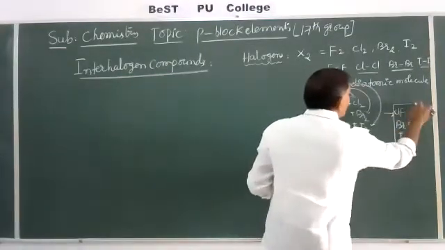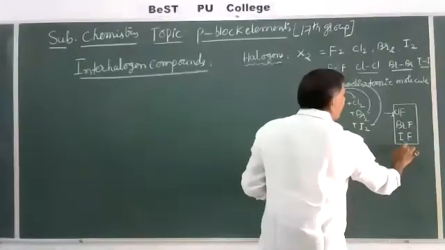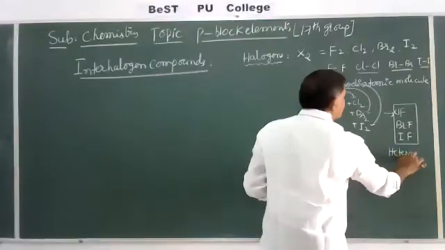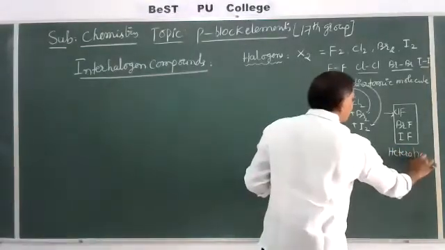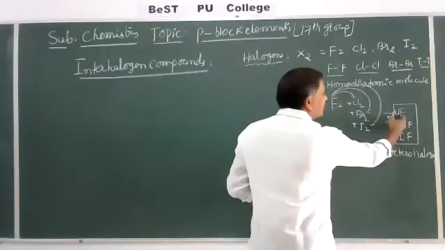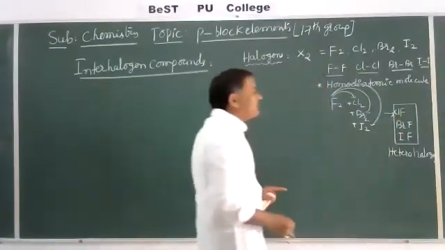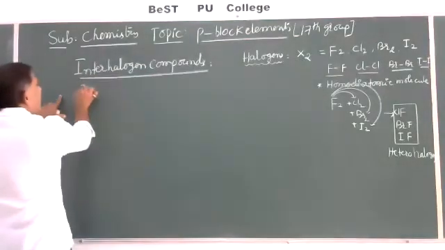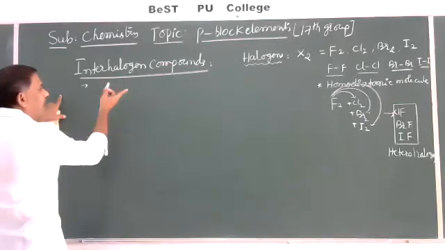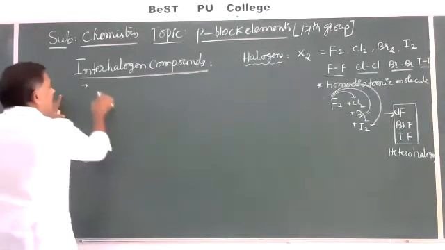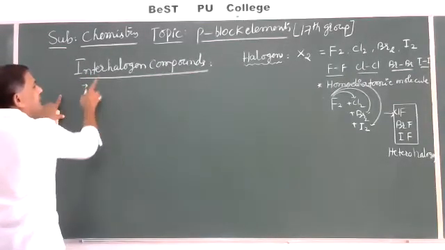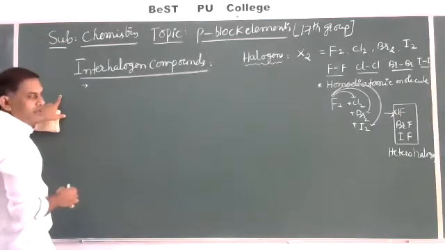These are also halogens, but they are not the same. They are heterohalogens, which means different halogen atoms are present. That's why these interhalogen compounds are formed by the direct combination of halogens with other halogens, that is, by combining with elements of the same group.